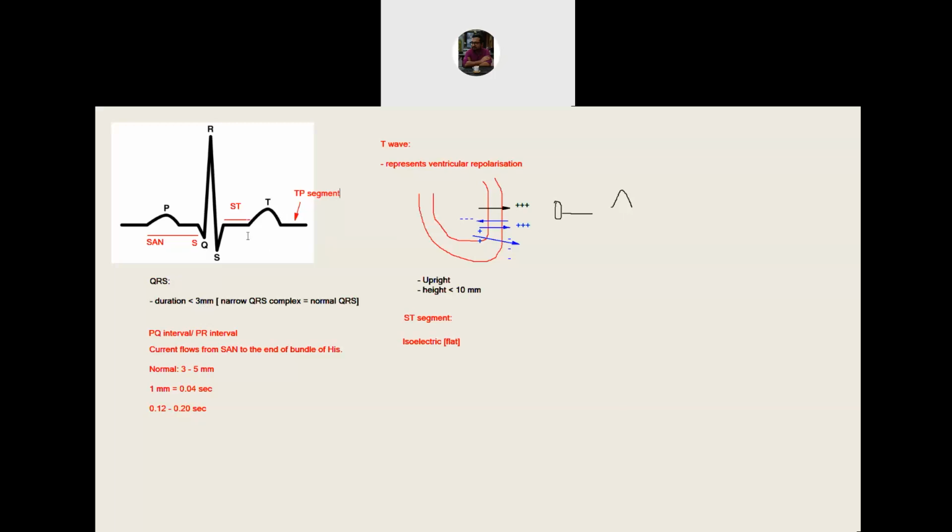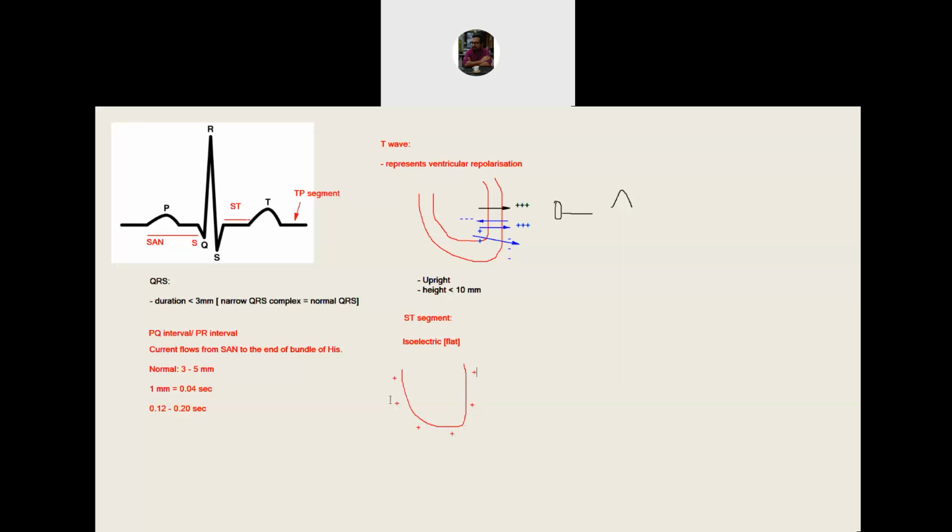So what is happening in the ST segment? The depolarization is just complete, but repolarization has not yet started. So if depolarization is complete, then the whole of the heart is depolarized, and repolarization has not yet started.